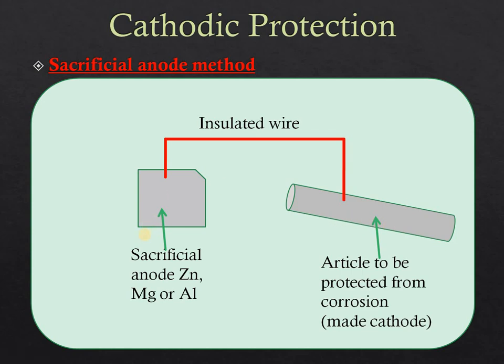The anodic metal is always covered with backfill. In the sacrificial anode method, the backfill is made up of NaCl and coal in order to make good electrical contact with the soil.